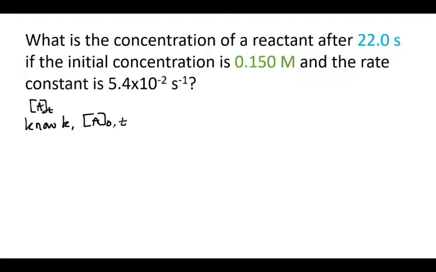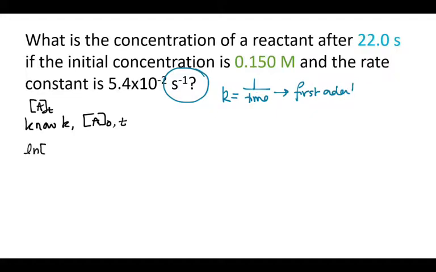Instead, the clue here is in the units on the rate constant. The units on the rate constant vary with the different reaction orders, and it turns out that when k is in inverse time units, that means the reaction is first order. So we're going to use the first order form of the rate law.